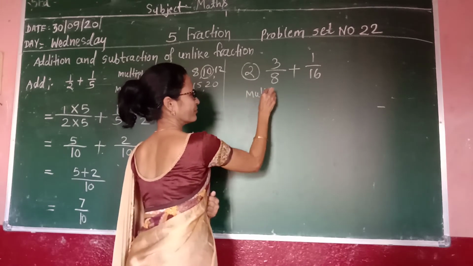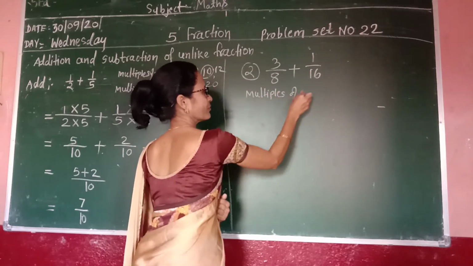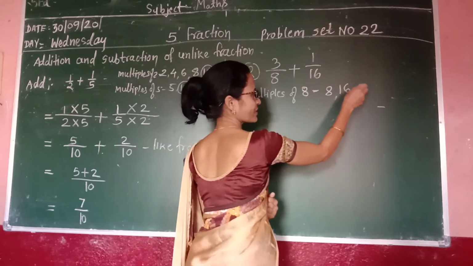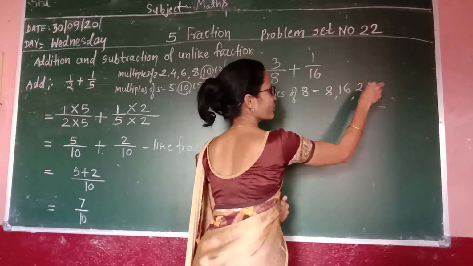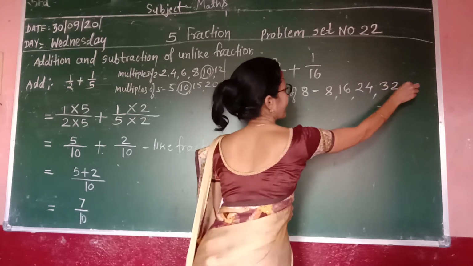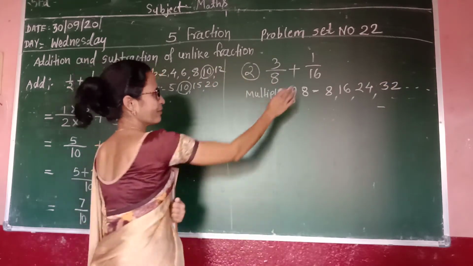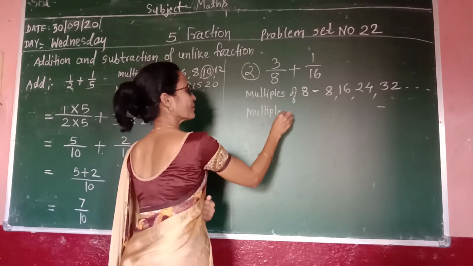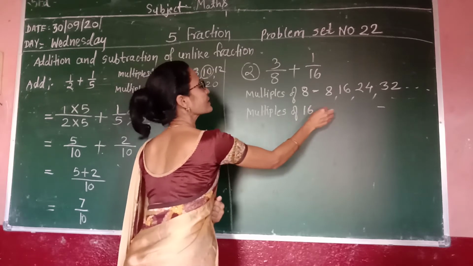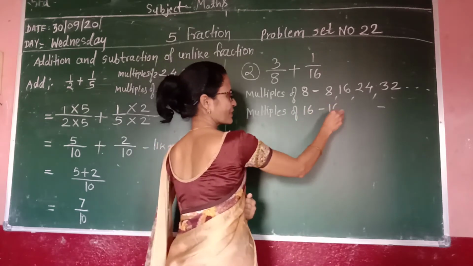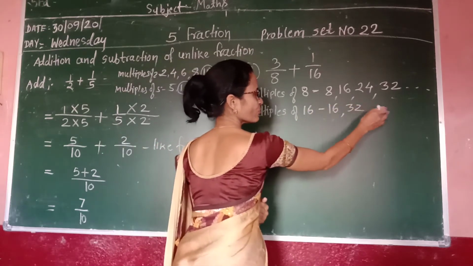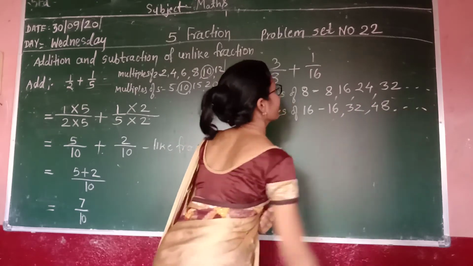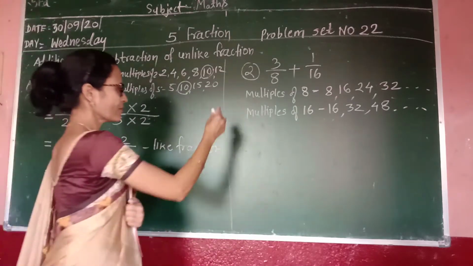Multiples of 8: 8 1s are 8, 8 2s are 16, 8 3s are 24. And multiples of 16: 16 1s are 16, 16 2s are 32, like this. Understand?